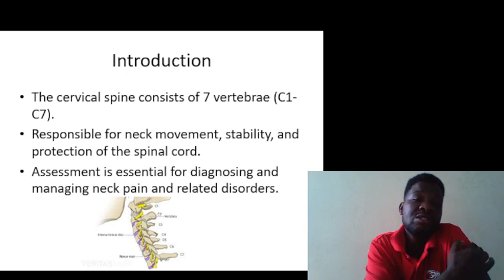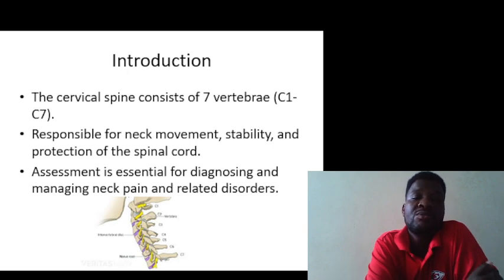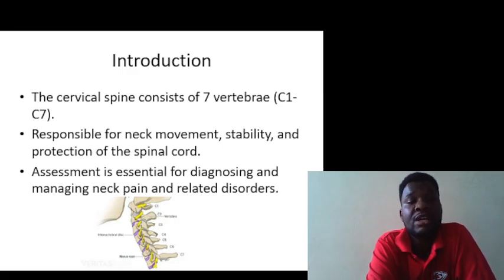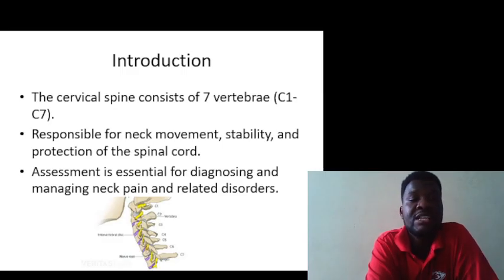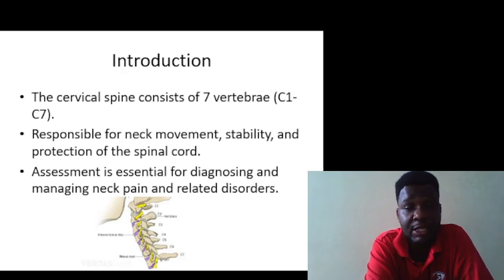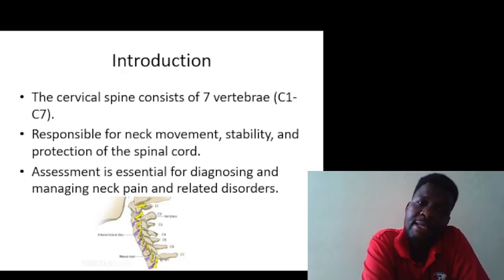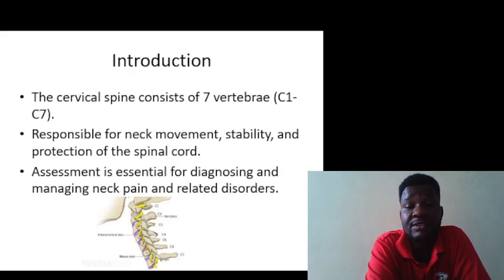The cervical spine consists of seven vertebrae, which start from C1 to C7. It is responsible for neck movement, stability, and protection of the spinal cord. The assessment is essential for diagnosing and managing neck pain and related disorders. As you have seen from the image below, the cervical spine consists of seven vertebrae running from C1 to C7.